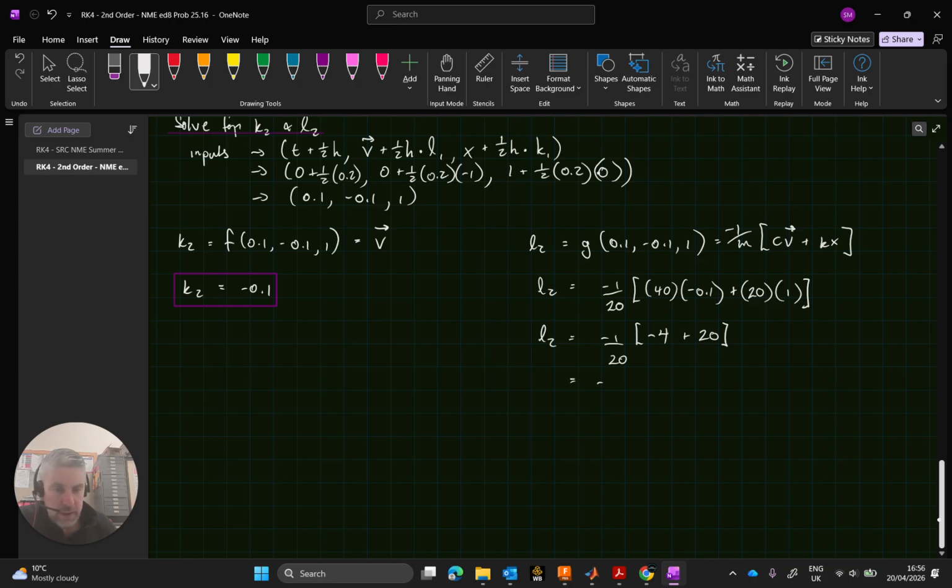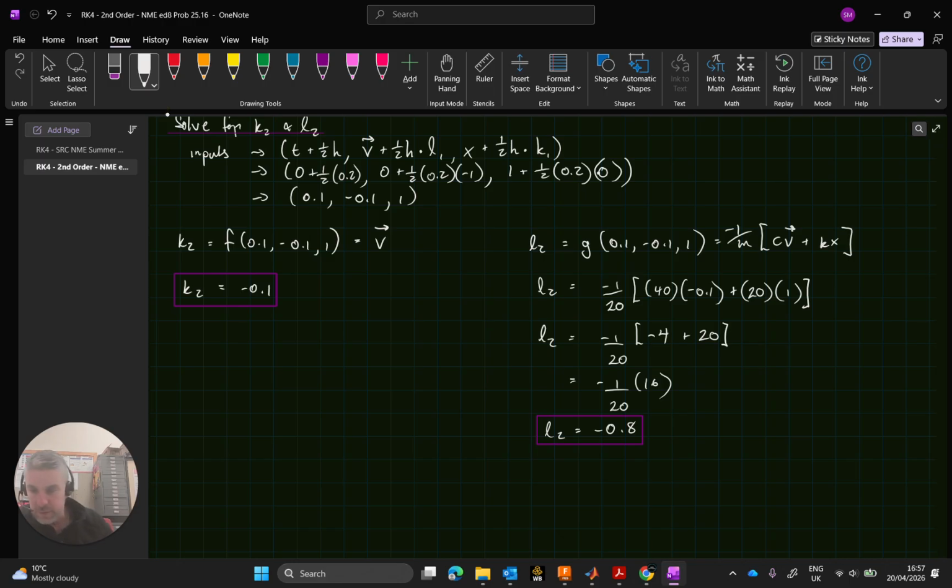It's equal to minus 1 over 20 multiplied by 16. And then L2 is equal to minus 0.8. So 16 over 20 is 4 over 5, and 4/5 is 0.8. Of course, it's a minus number. Lovely. We're solving for K2 and L2.